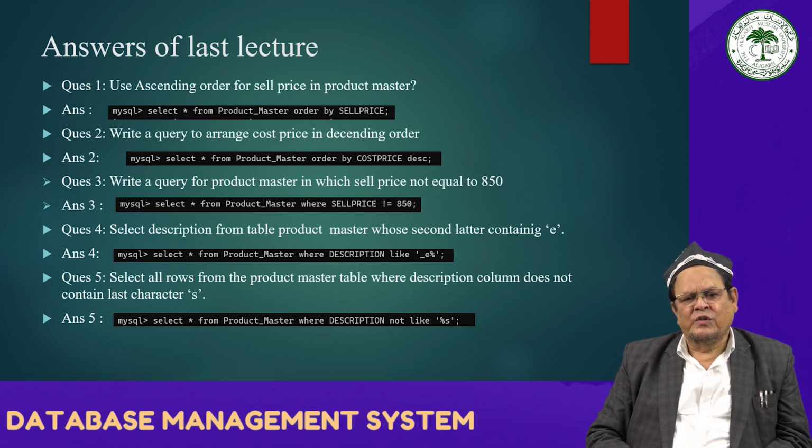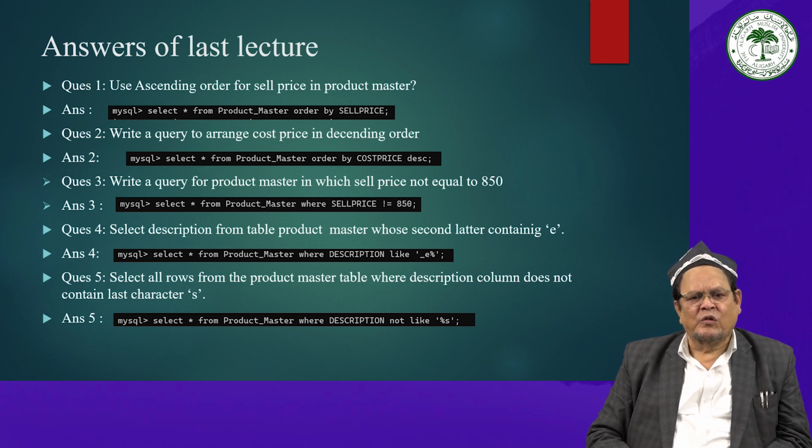I hope you did it as an assignment. In MySQL, you write select * from product master order by sale price, because the question was ascending order. So the result will be arranged in ascending order for the sale price.